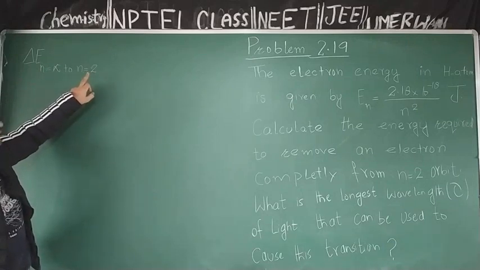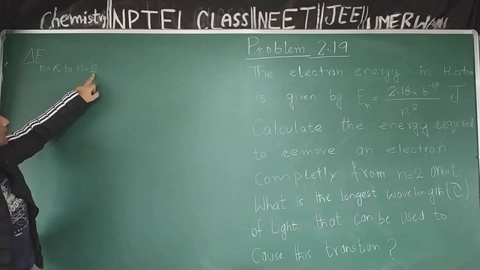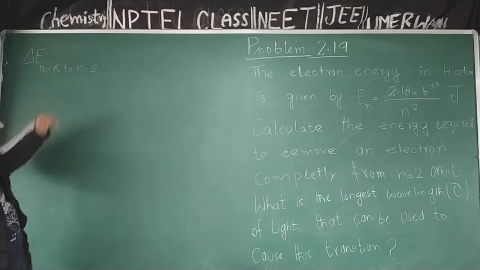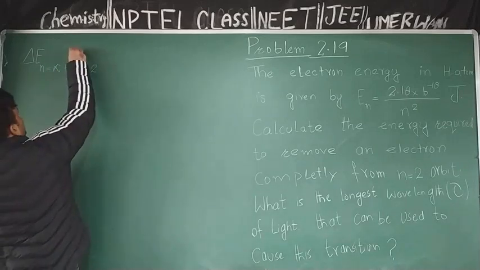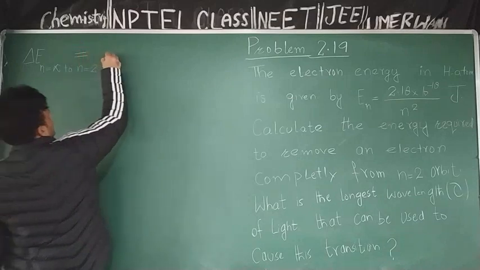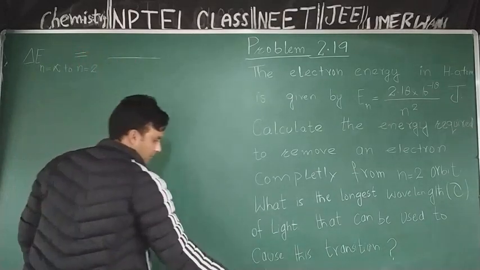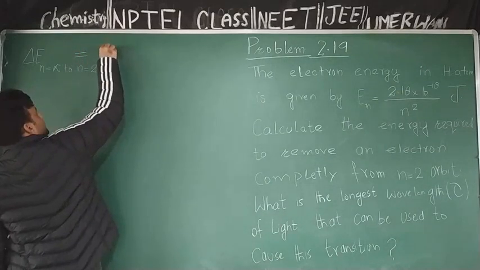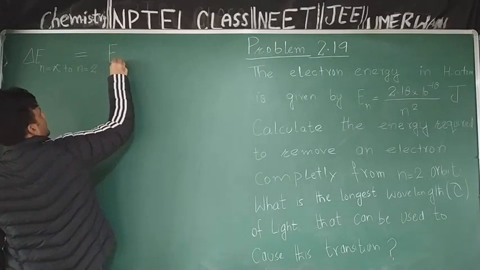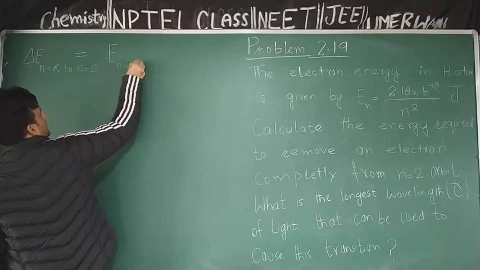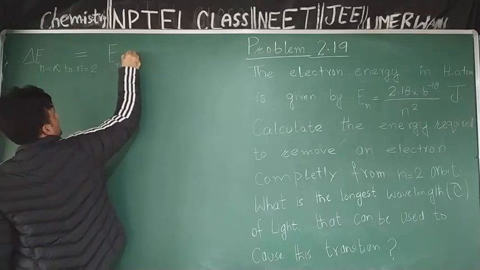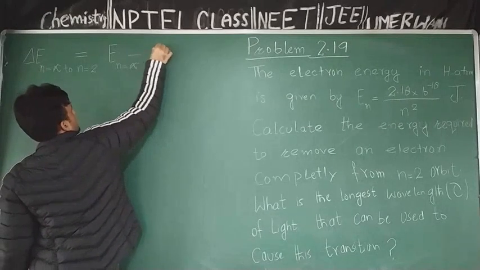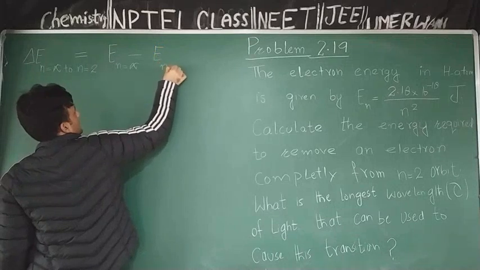I mean, it will give me energy required to take electron from second orbit of hydrogen atom to infinite position, and will be equal to energy of electron in infinite orbit minus energy of electron in second orbit.